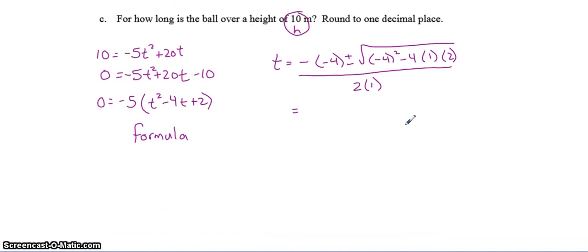Doesn't matter, you would get the same answer. So when you calculate this in your calculator, you get 8. And the square root of 8 is 2.8. It says to round to 1 decimal place.